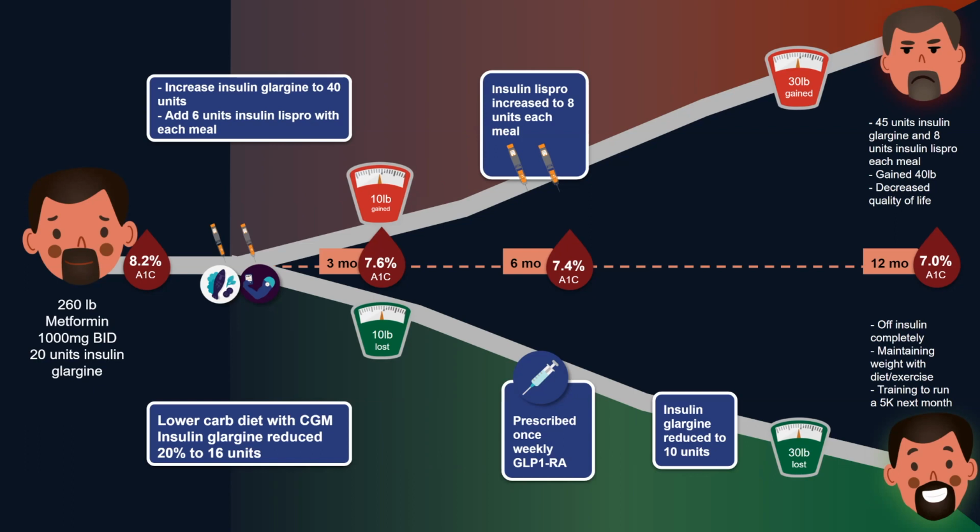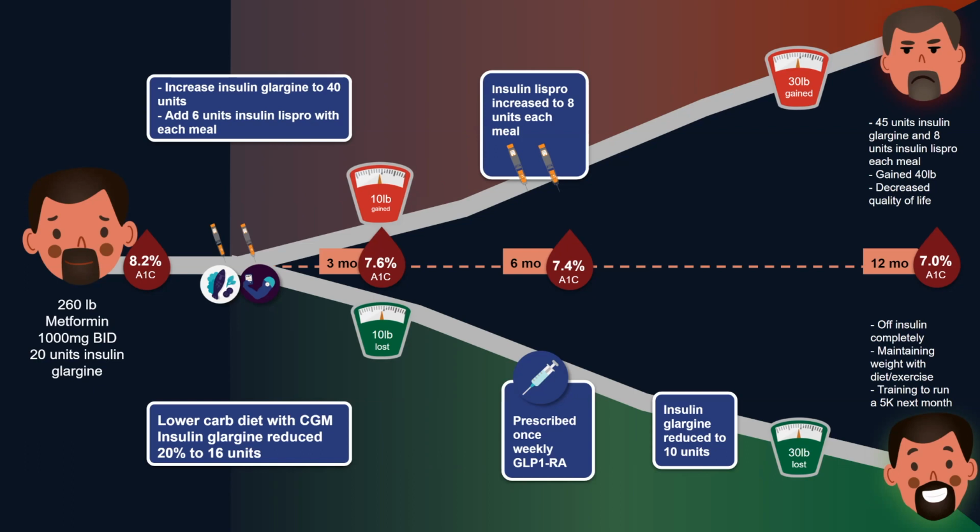And he was not perfectly well controlled at 7.6, so the insulin was increased again, 8 more units at each meal. By 6 months, his A1C was a little bit better at 7.4, but he was up on a higher dose of insulin. Following him along for 6 more months up to the 12-month mark, very well controlled with an A1C of 7%, which is at target.